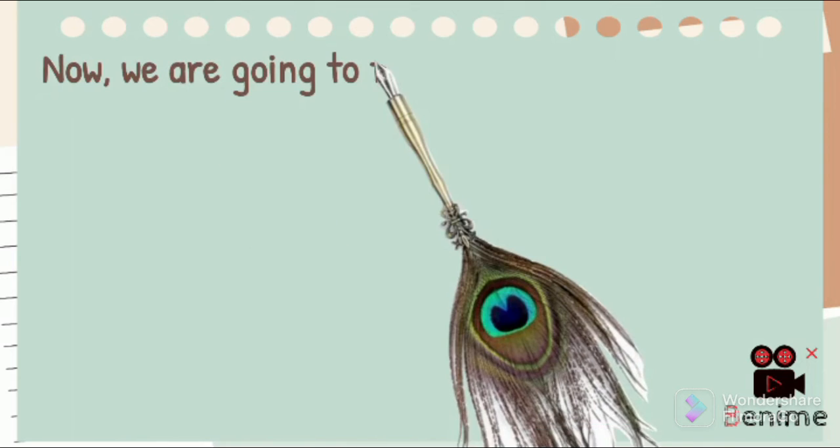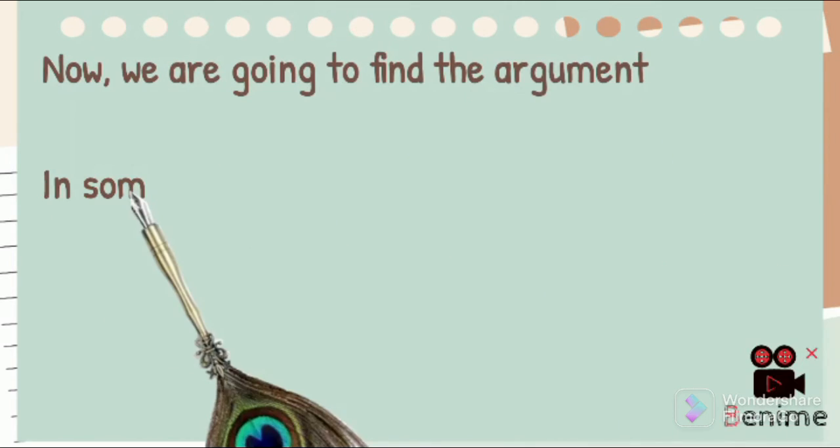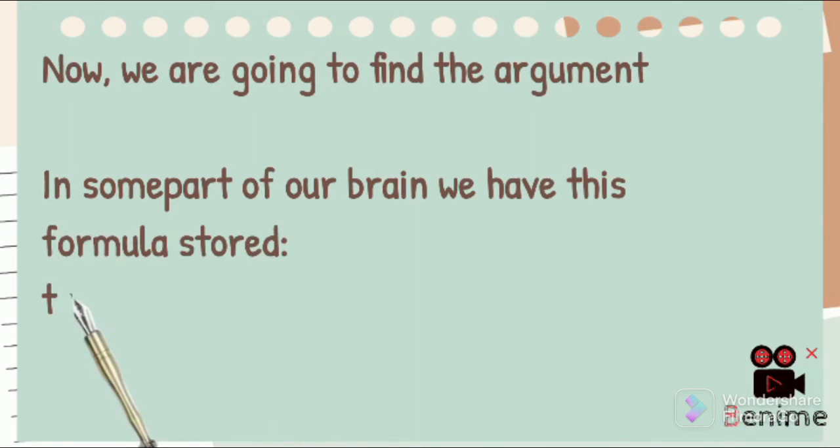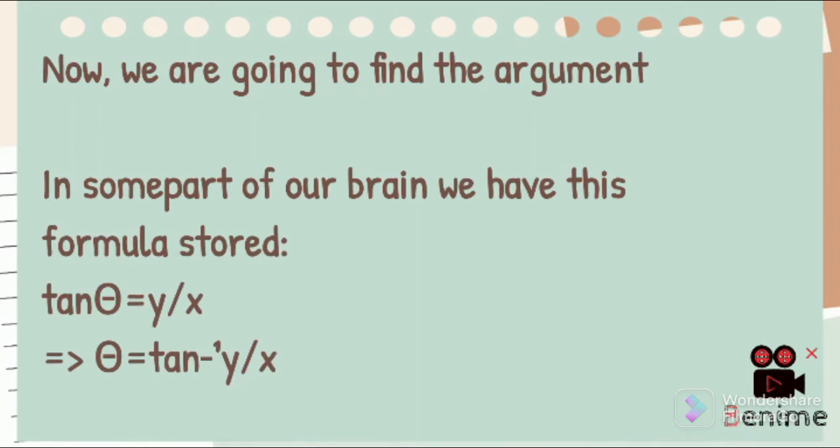Now, we are going to find the argument. In some part of our brain we have this formula stored. Tan theta equals y divided by x. Theta equals tan inverse y divided by x.